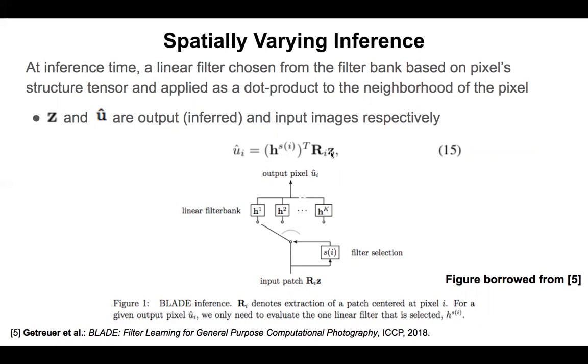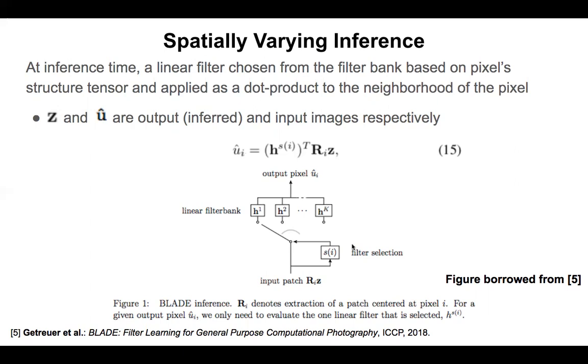We extract a patch around a pixel, so our I of Z gives us a patch around a pixel, and then we flatten it into a vector. We choose the filter based on the structure tensor, and we apply the dot product of these two vectors and get the output value of that specific pixel.